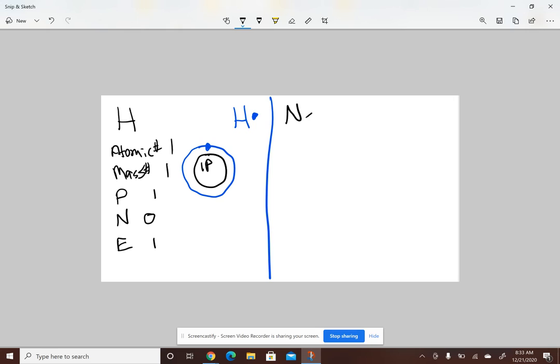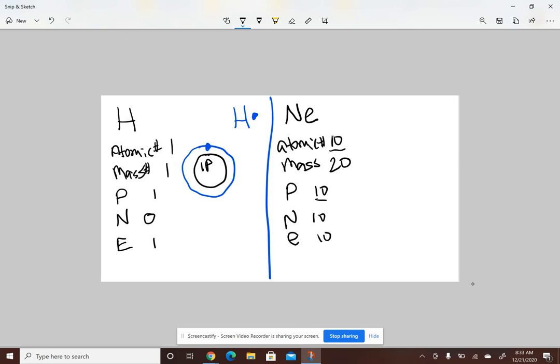If I go to my periodic table and I find neon, I look up the atomic number, which is 10. I look up that the mass number is 20. So for my protons, neutrons, and electrons, I remember 10, 10, and 10. And this time, 20 minus 10 also equals 10.